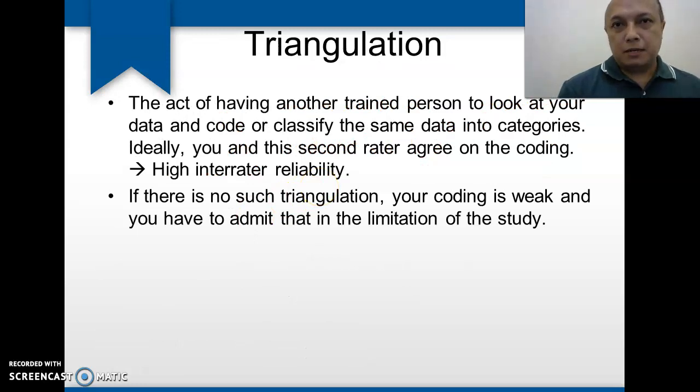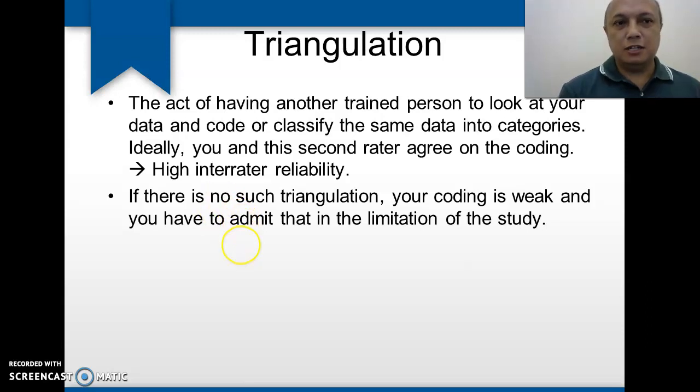Another important step in analyzing your data is triangulation. Triangulation is the act of having another trained person look at your data and then code or classify the same data into its categories.